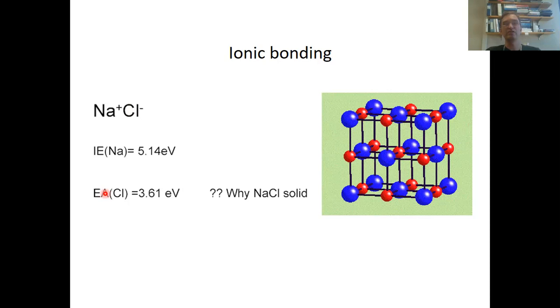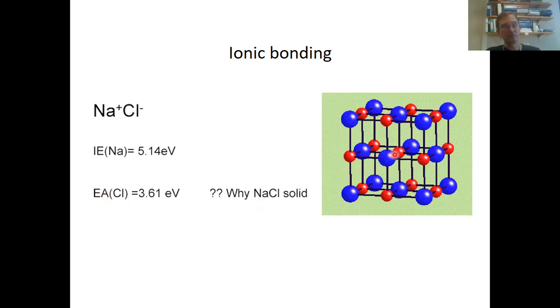In the gas phase, the chloride would actually move its electron to the sodium, and you'd have a vapor mixture of sodium vapor and chlorine gas.